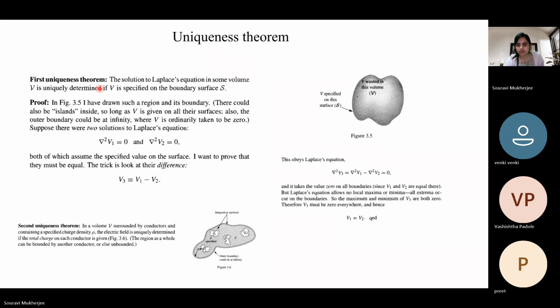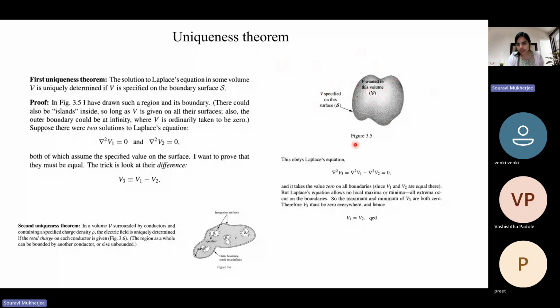Okay. So that means, suppose you have some potential that is given because of some charge distribution, Q1, Q2, Q3, anywhere, and you know the potential in this region, then the potential inside the volume is some unique quantity.